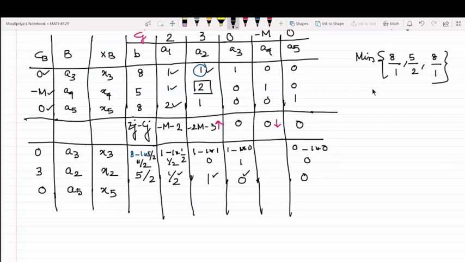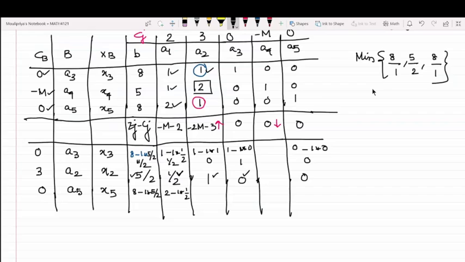What about this row? Here the elements would again get multiplied by, again it's 1. So it was initially 8 minus 1 into what we got, that is 5 by 2. What will happen in this case? It was initially 2 minus 1 into half.